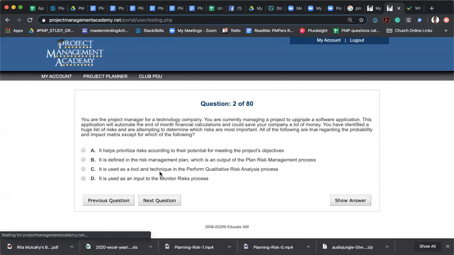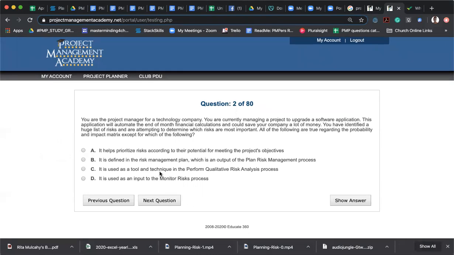Next question, Tasha. You are the project manager for a technology company. You're currently managing a project to upgrade a software application. This application will automate the end of month financial calculations and could save your company a lot of money. You have identified a huge list of risks and are attempting to determine which risks are most important.